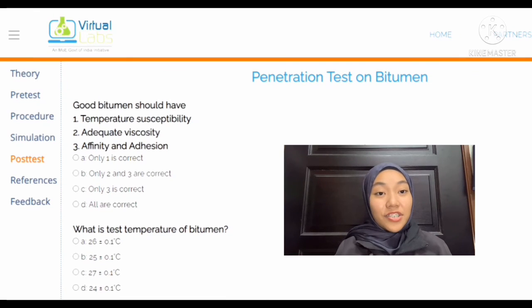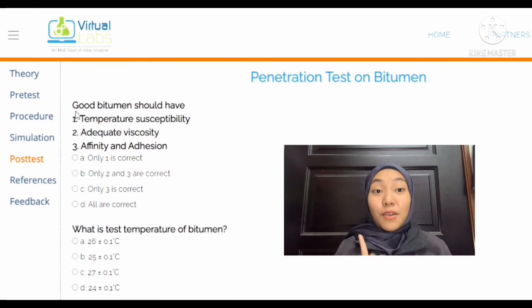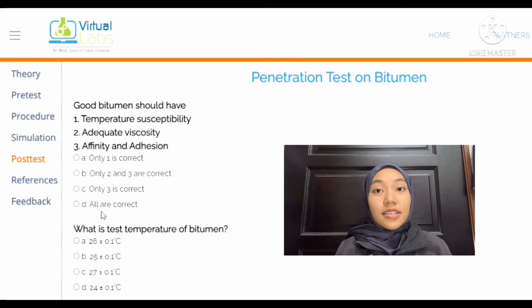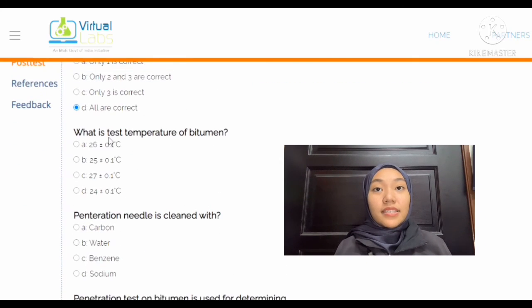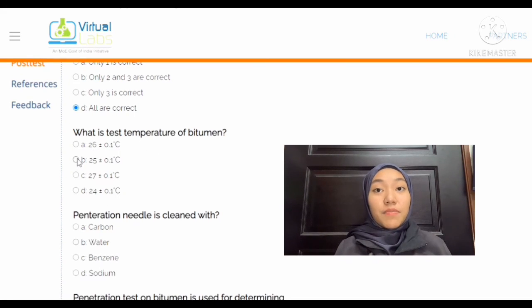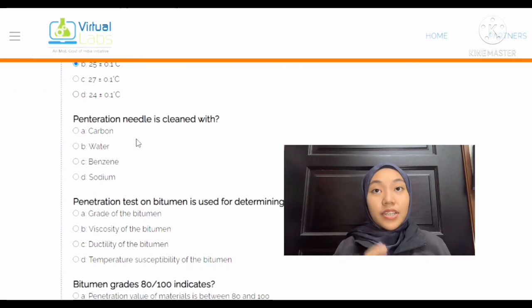Post-test for penetration test on bitumen. Question number 1. Good bitumen should have temperature susceptibility, adequate viscosity, affinity, and adhesion. The answer is all the above. Question number 2. What is test temperature of bitumen? The answer is B, 25 plus minus 0.1 Celsius. Question number 3. Penetration needle is cleaned with?